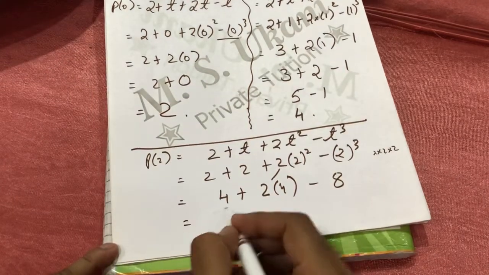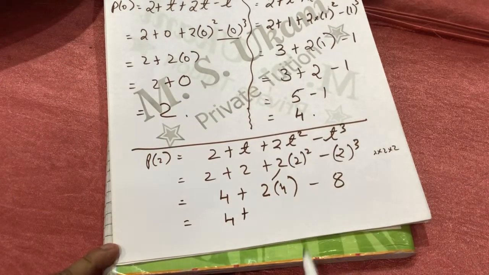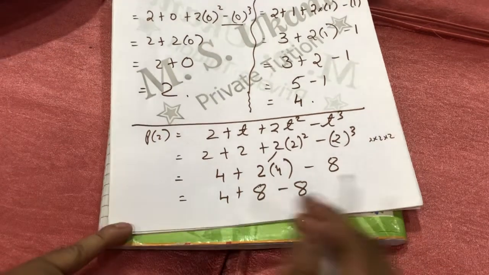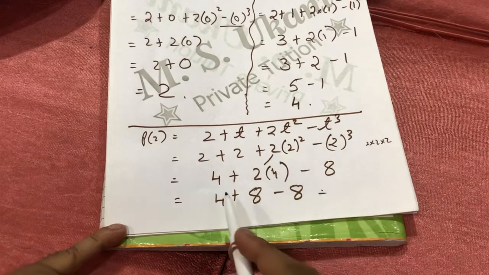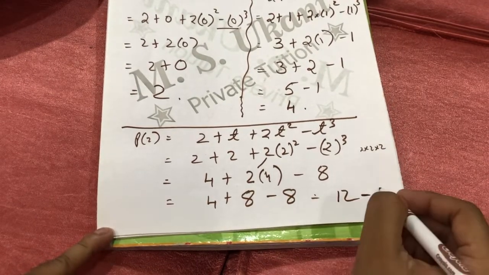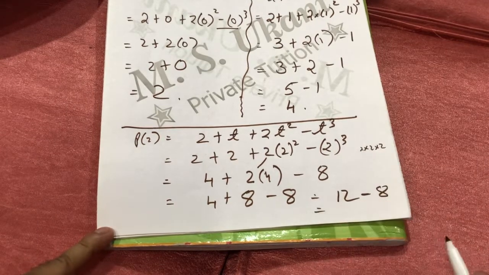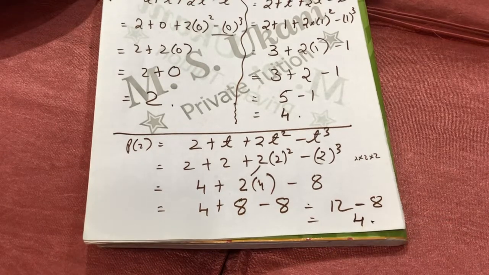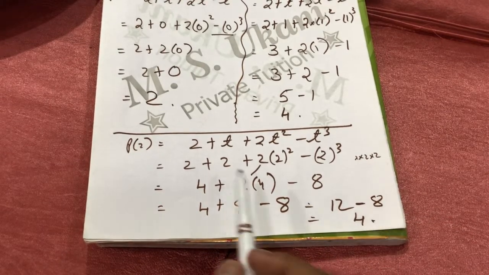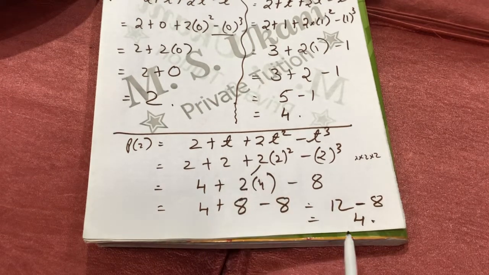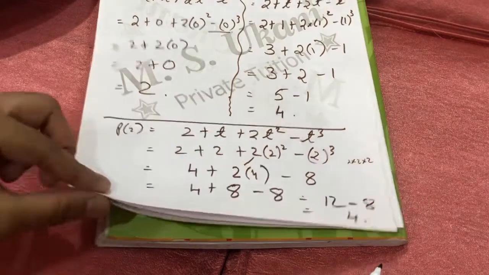So now 4 plus 4 is 8 minus 8. So 8 plus 4 is 12 minus 8, our answer will be 4. So when we put the value 2 in place of t, our polynomial answer will be 4. This is the second one.